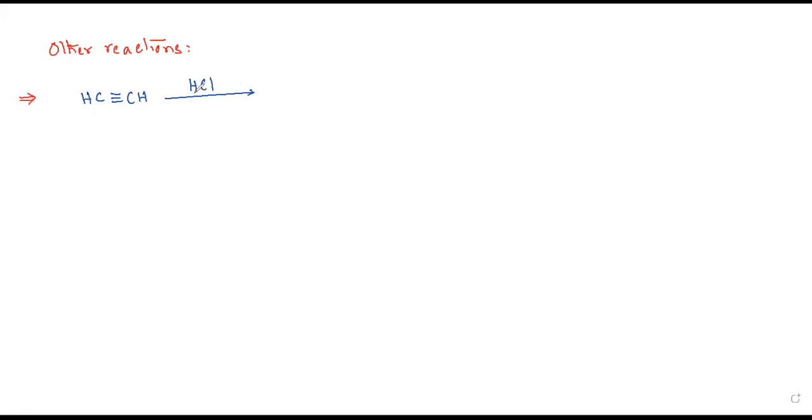What happens? We'll get vinyl chloride. Look at CH2 double bond CHCl. This is vinyl chloride.